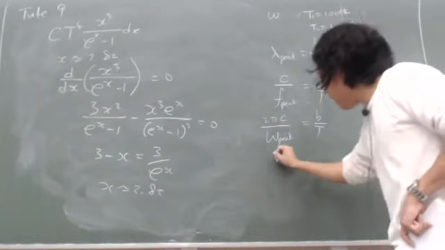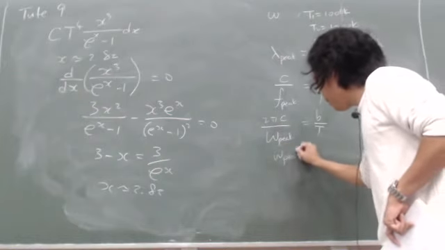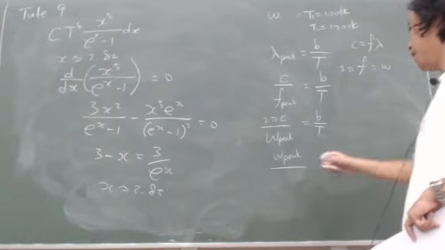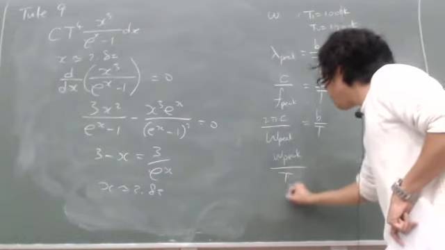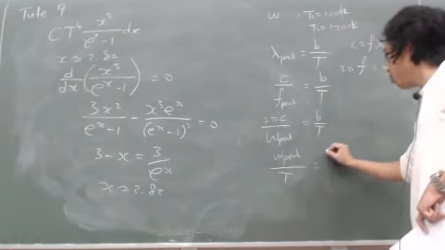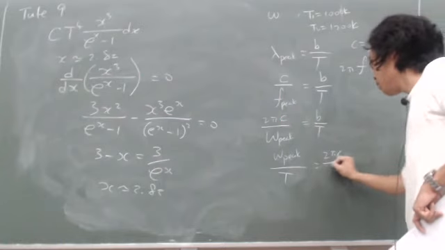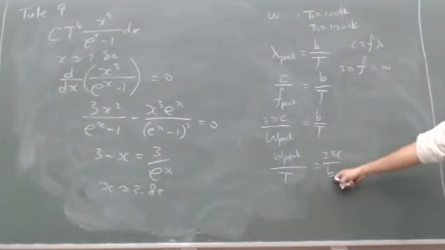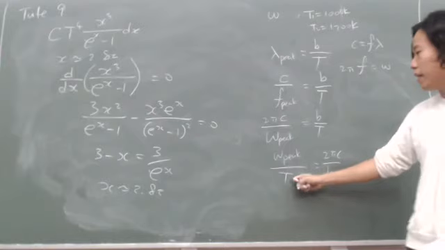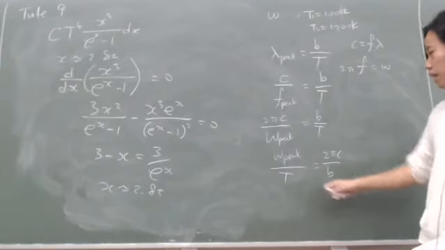So what that tells me is that the peak angular frequency divided by temperature is given by some constant. This thing doesn't depend on temperature, so it doesn't matter which temperature I choose, they should equal each other.